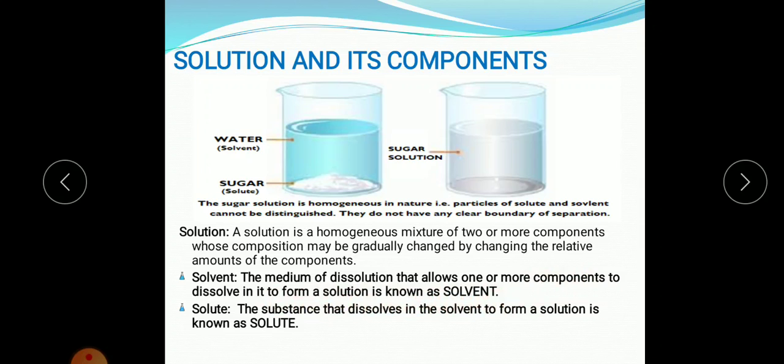As I discussed, the component which helps to dissolve is known as a solvent, whereas the substance that dissolves in the solvent to form a solution is known as solute. So this diagram clearly shows the solution and its two components.